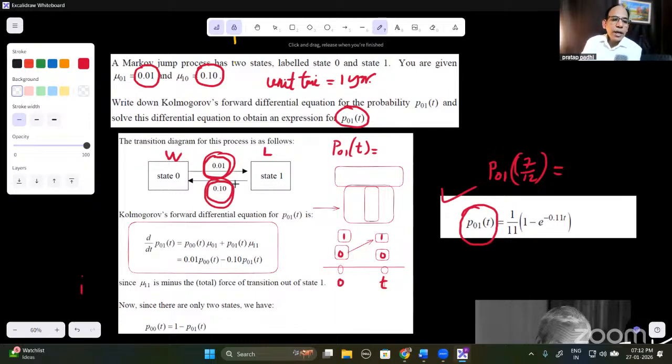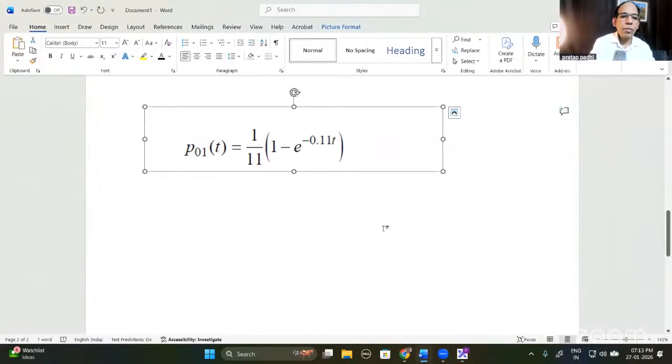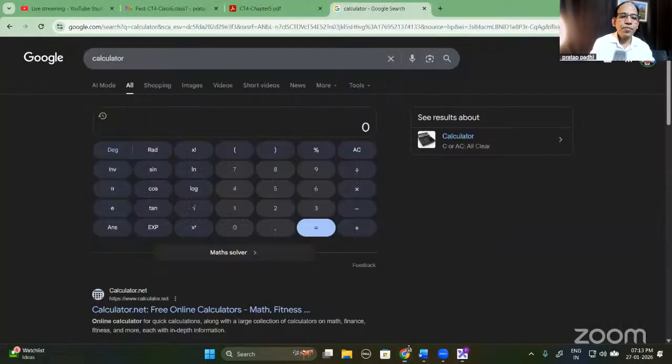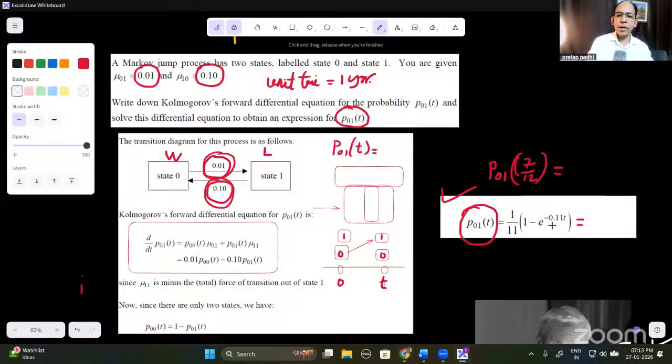Or we'll do one thing. Anyway, this is greater, right? 0 to 1, 1, e power minus 0.11. E power minus 0.11, multiplied by t.